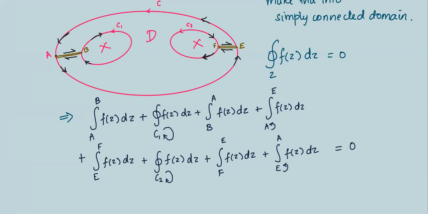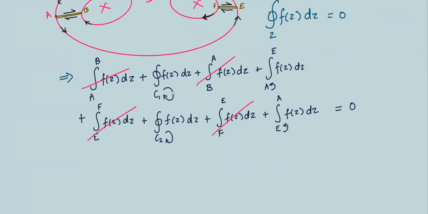So now what happens? Let us see. This AB and BA, they cancel. Then EF and FE, they cancel. Now take these two to the other side. We get integral A to E anticlockwise. That is part 1. Plus integral E to A anticlockwise.